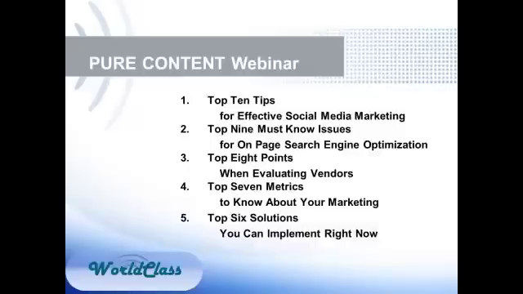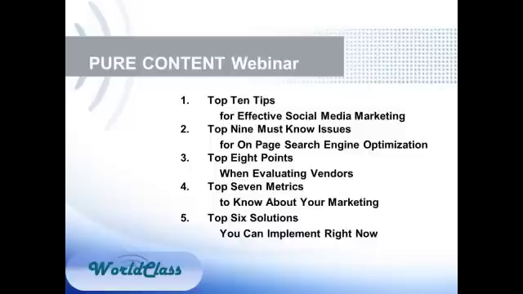These are going to be tactical elements that you're going to be able to actually implement on your website tonight. If you're a do-it-yourselfer and you have access to the right tools, you'll be able to implement these things immediately. If you're not a do-it-yourselfer, you'll be able to give this information to your webmaster or whoever is hosting your website, and they'll be able to implement it for you.